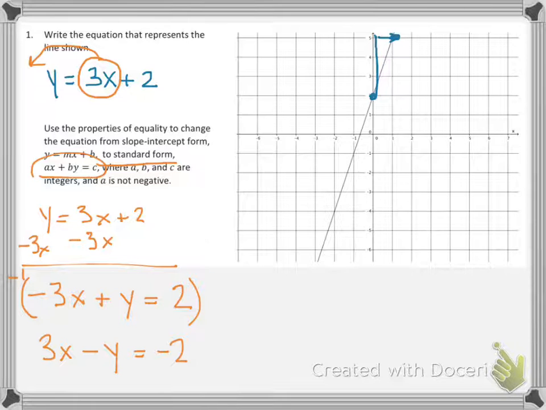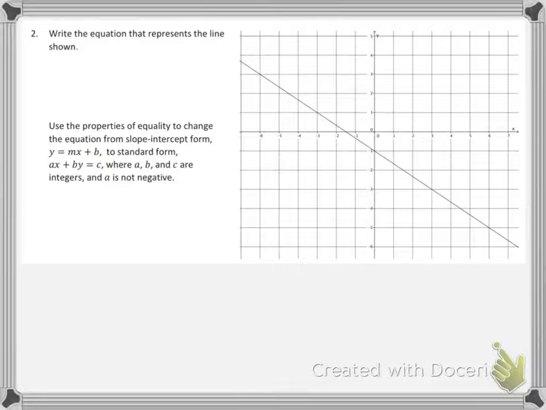All right. Not bad. Let's check number 2. First, I need to write this in slope-intercept form, and I need the y-intercept. Well, it looks like the line crosses at negative 1, so I'm going to have y equals something times x, my slope. I'll figure that out in a second. And then minus 1 is my y-intercept.